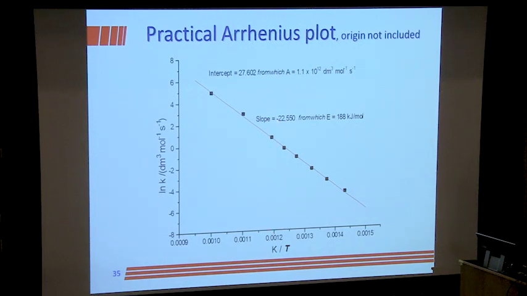The slope is minus 22,550, from which the activation energy is 188,000 joules per mole, or 188 kilojoules per mole. And the y-intercept here is 7. So it's the inverse of 7. What's going on here? The intercept is 27.602, but it says 7. There's an error here.